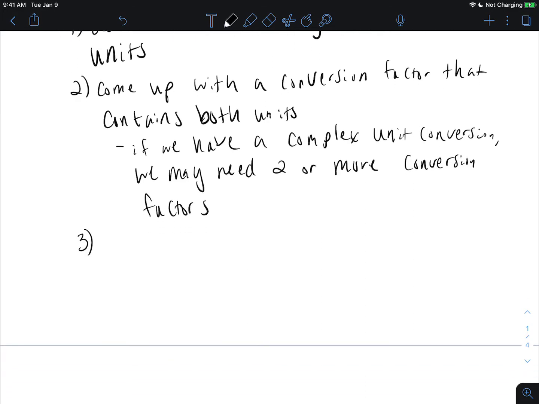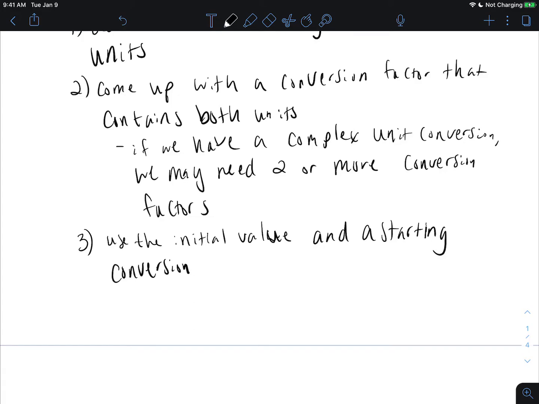After we've determined what conversion factors we need, we're going to use the initial value and a starting conversion factor to convert your units.